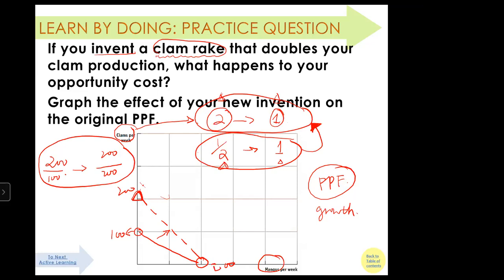And then from this example, you should realize it's better for you to trade with other islands, right? So here's how you're going to trade. You may want to trade clams, because now it's become cheaper, for mango, because now it becomes more expensive.